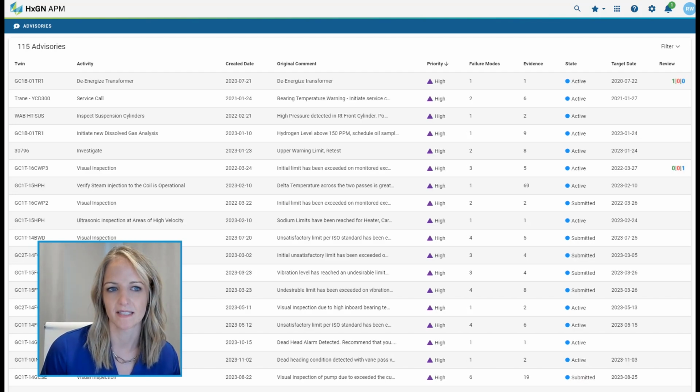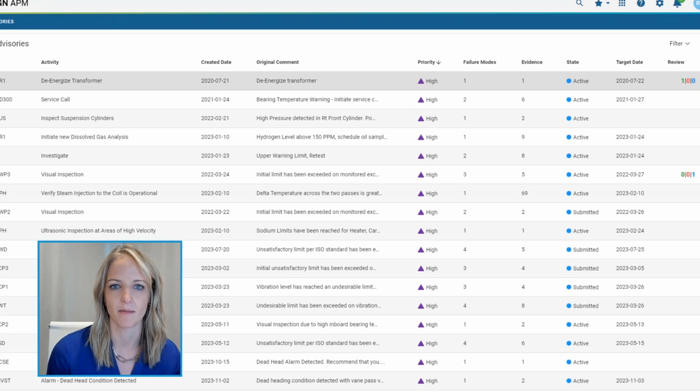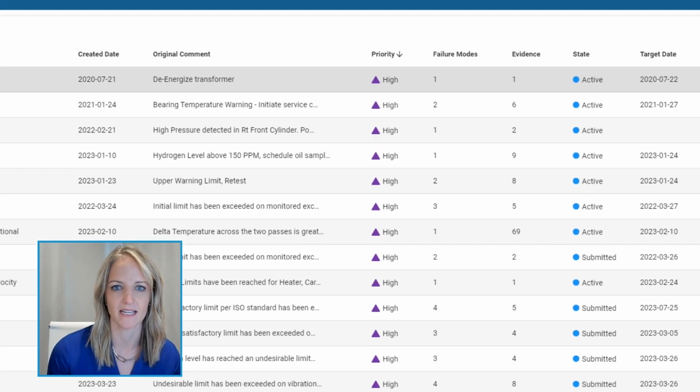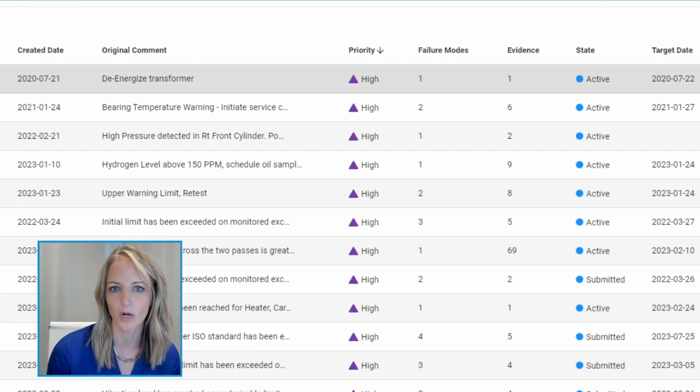So the first is a list of advisories. So we walked through one single advisory, but what's really nice about this application is a lot of plants, a lot of different facilities have a daily stand-up morning meeting, an O&M meeting, where they're trying to plan their work for the day.